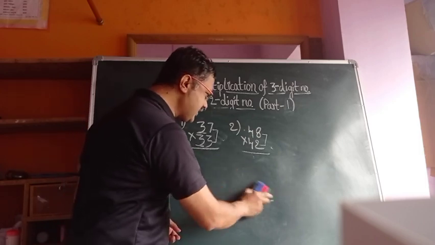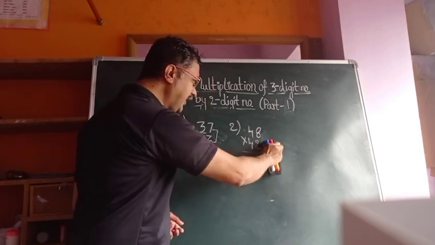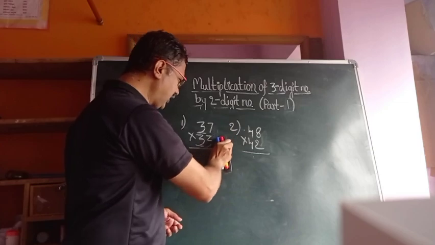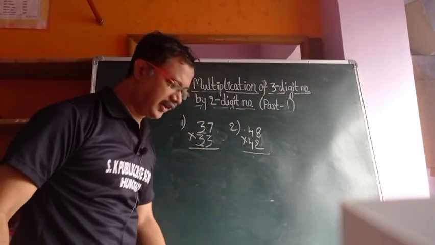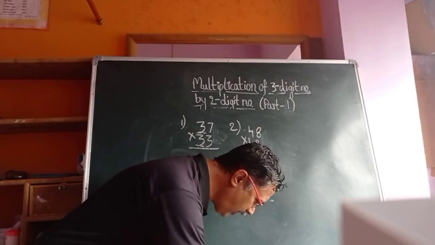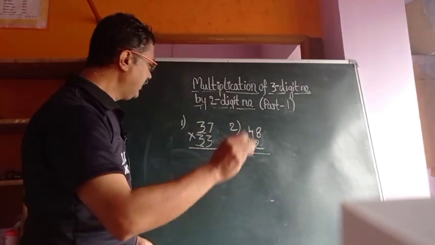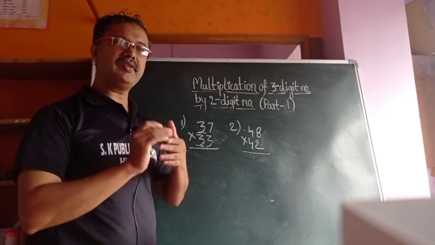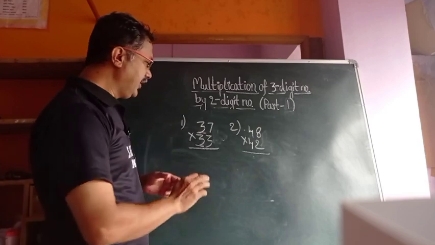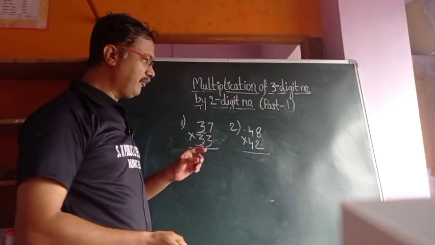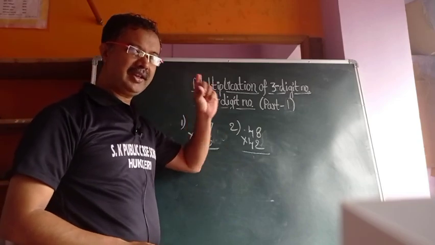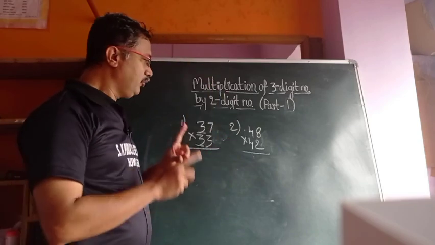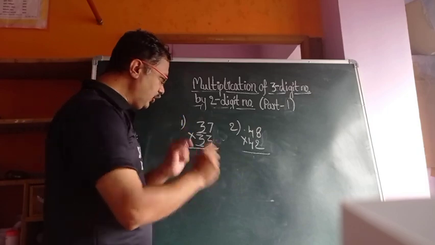in that case we have to apply this method, that trick that I told yesterday, you have to apply. What method we have to apply: when you add the unit numbers and it becomes a 10, in that case we have to multiply the unit place.